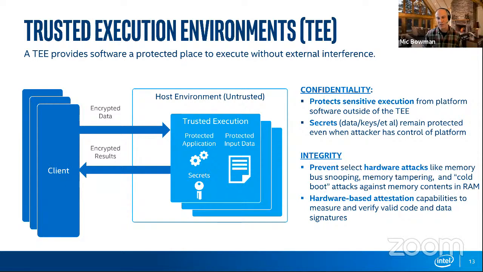And basically what a trusted execution environment is, is a way for us to execute code on data so that even the owner of the server can't look at the computation and can't look at the results of the computation. We talk about encryption being used to protect data in transit and encryption being used to protect data at rest.